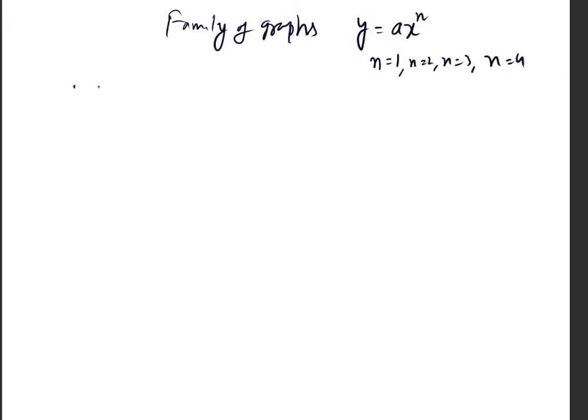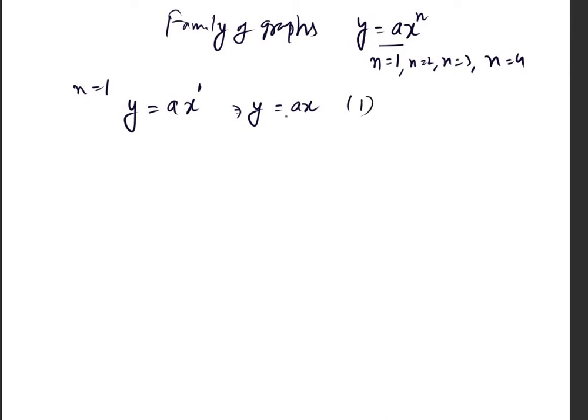So when your n equals 1, what would be the equation here? It will be y equals ax raised to 1, which is y equals ax. Now the degree of this equation is 1.